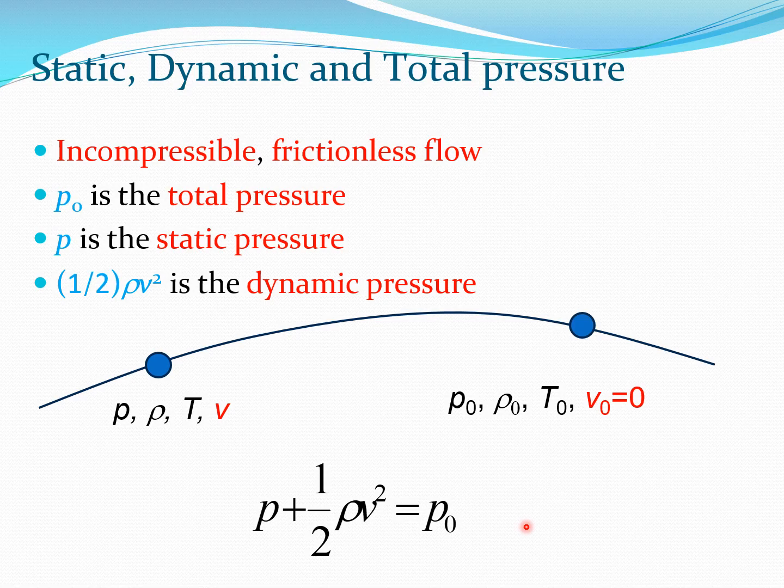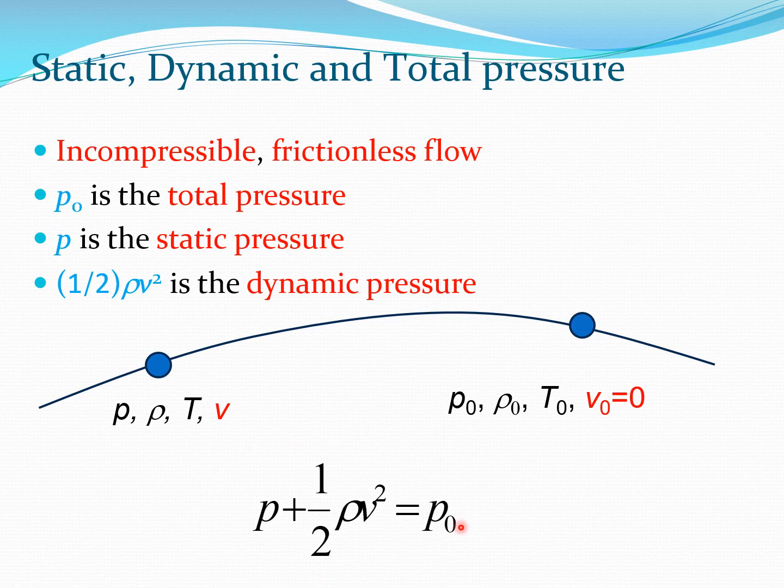Now we can immediately define some very important parameters in this type of flow here. P0 is the total pressure, P is the static pressure, and this quantity half rho V square is known as the dynamic pressure. So you can see the reason why these terms are called such from the equation.